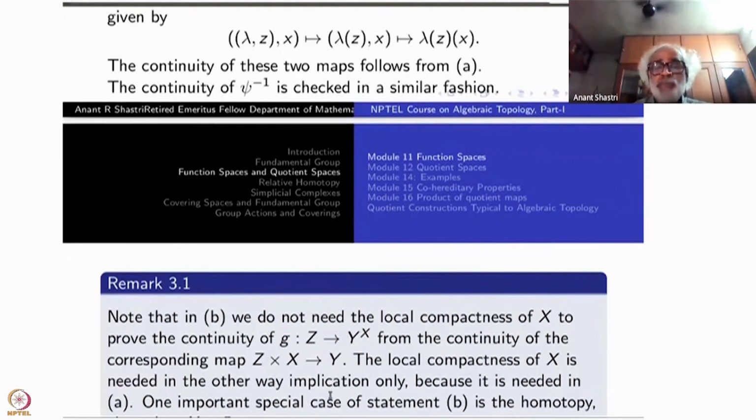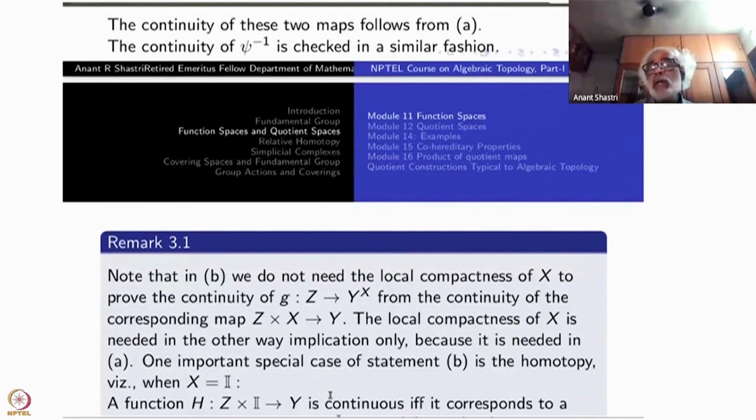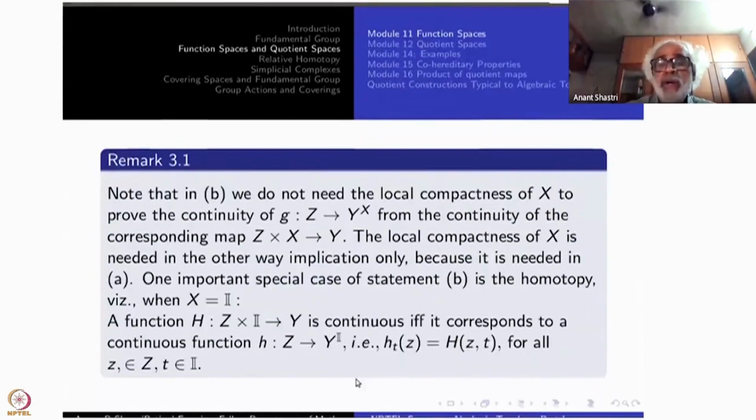One important special case of statement B is the homotopy version, which we will be using all the time. This is the special case when X itself is I: Z cross I to Y instead of Z cross X to Y. Z cross I to Y is a homotopy, right? This is continuous if and only if it corresponds to the function little h.